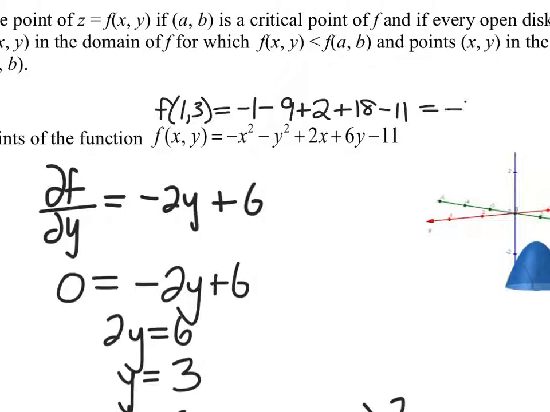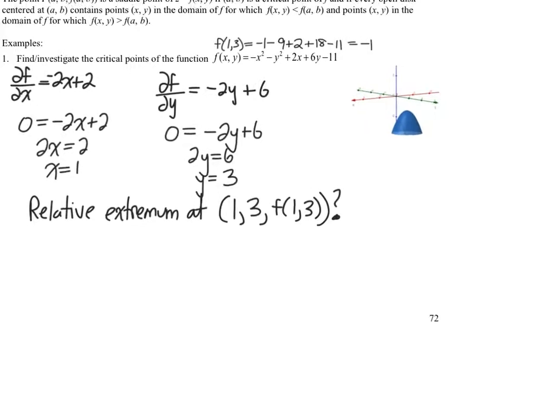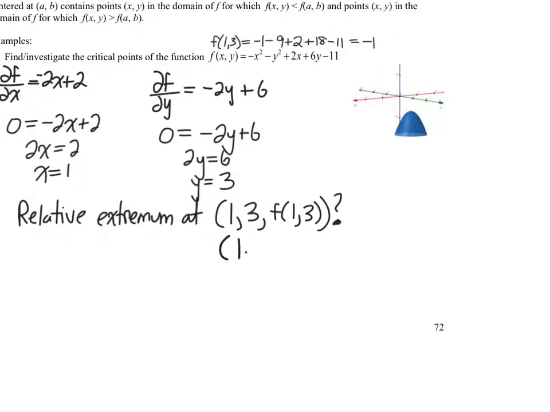Oh, look at that. All right, so if this is going to be a relative extremum, then this would have to be the largest number. Based on that diagram, we know it would be a maximum.